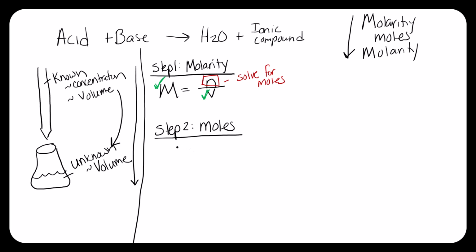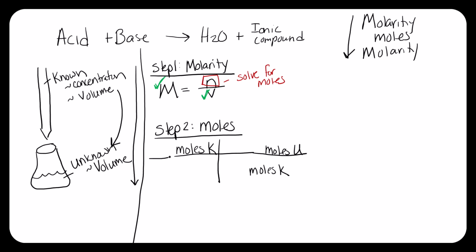So here we'll start with moles. I'm going to put K for known. Following our units, moles of known on the bottom, moles of unknown. I'm going to put U for unknown on the top.